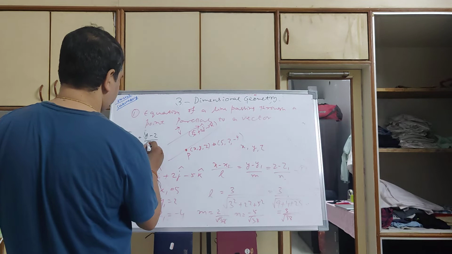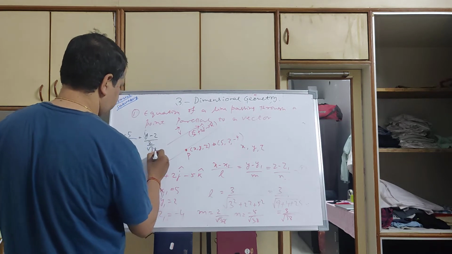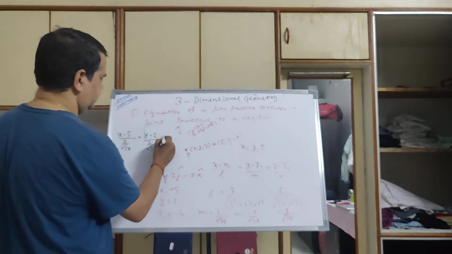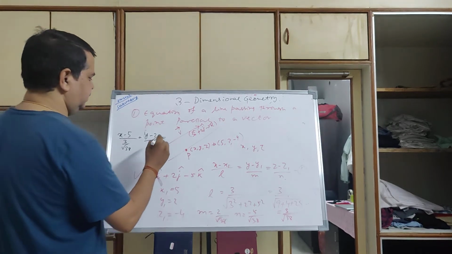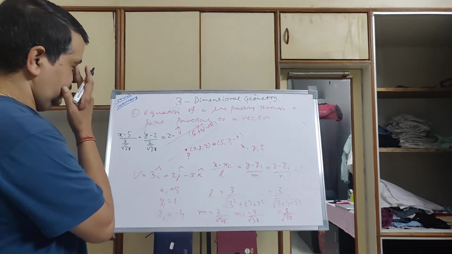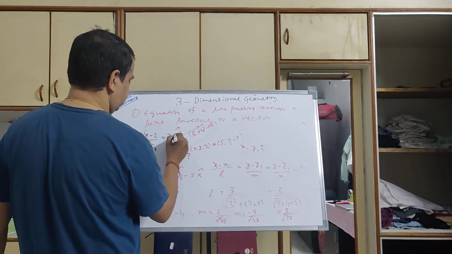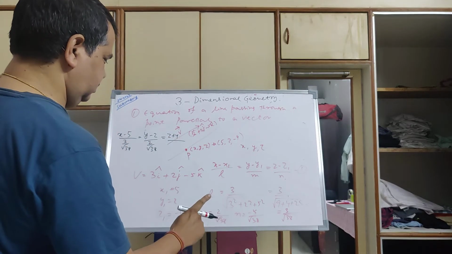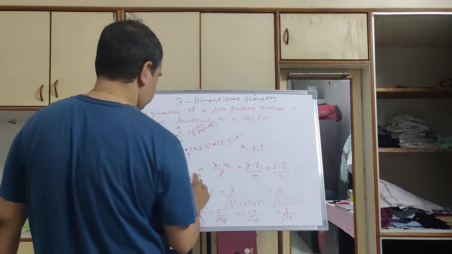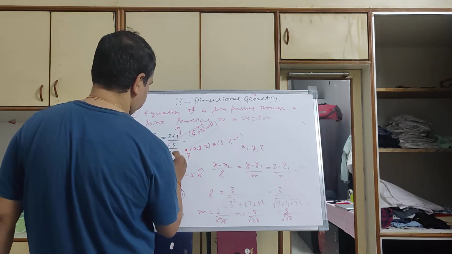Then m I have got as 2 by root 38. Then z minus minus 4, z plus 4, divided by n, which is minus 5 by root 38.